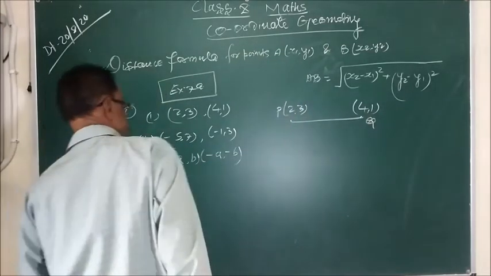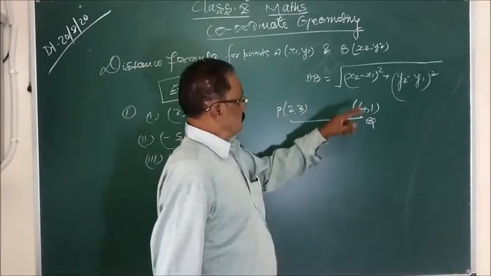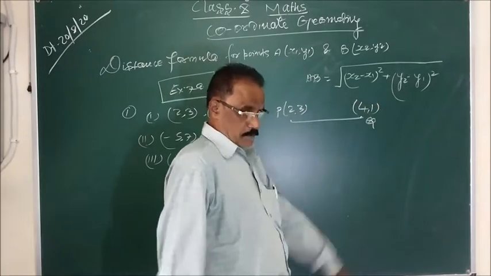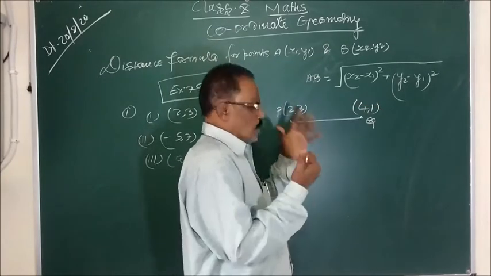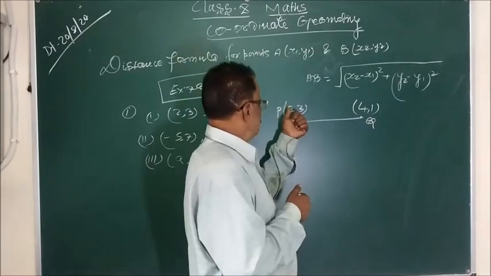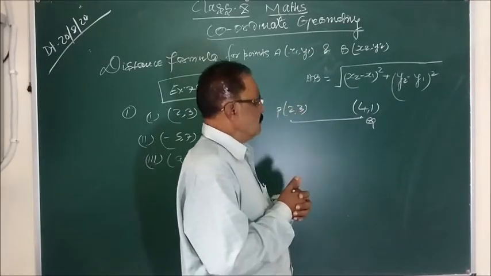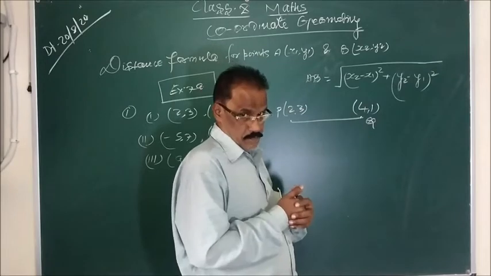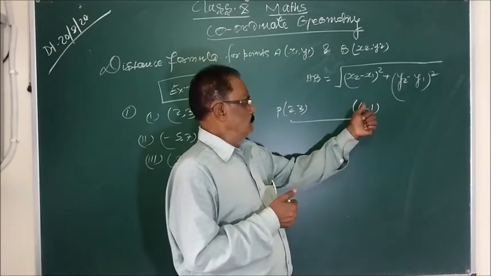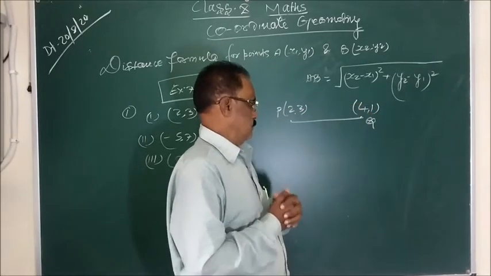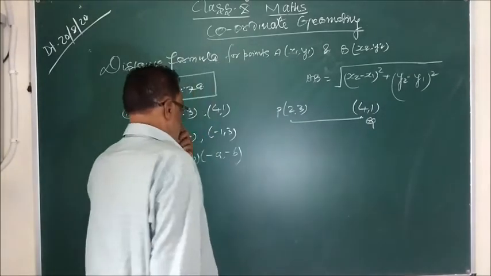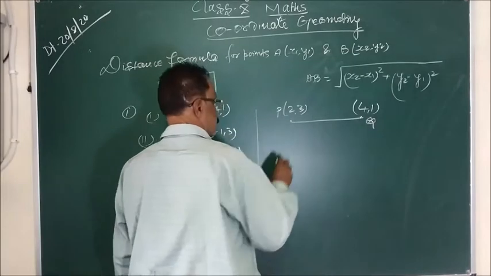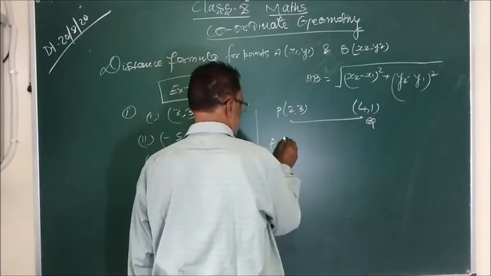Now this is x1, y1 and this is x2, y2. If you want to compare with the formula, it is not necessary, but these are x1, y1 and these are x2, y2. So now the difference between these. So what is PQ?